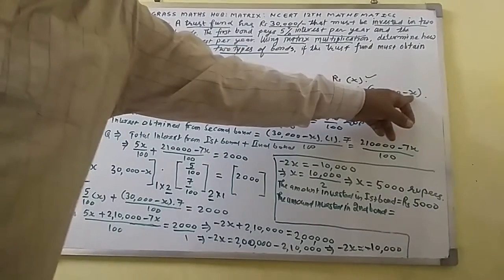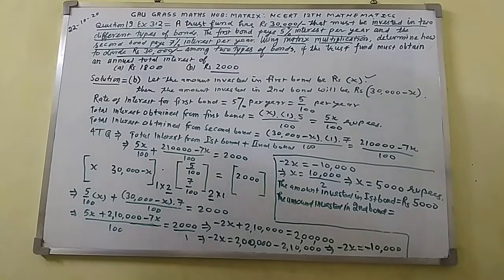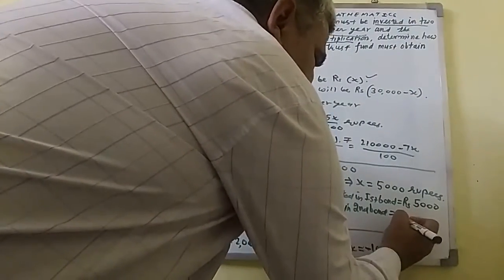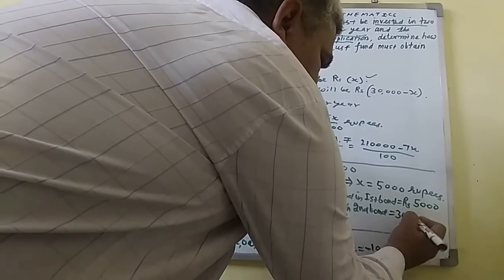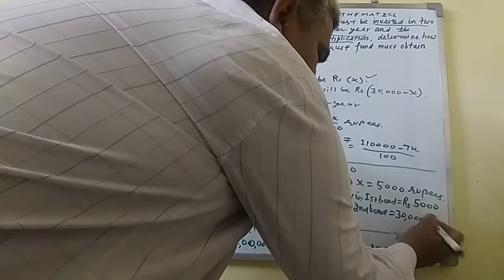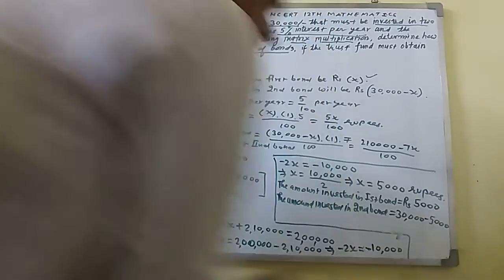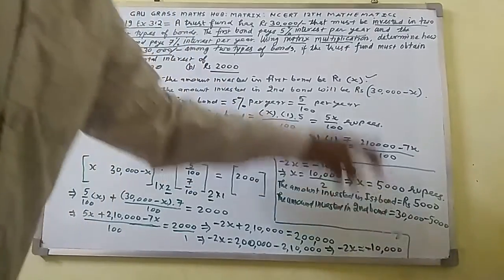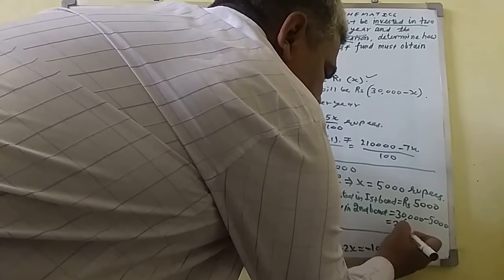So in place of x, here I shall write 5,000. So 30,000 minus 5,000, it comes out to be 30,000 minus 5,000. The 5,000 here is the value of x. So you will get here easily 25,000.